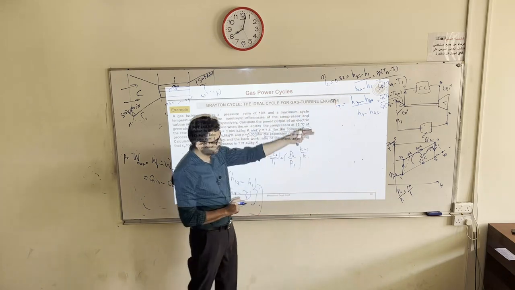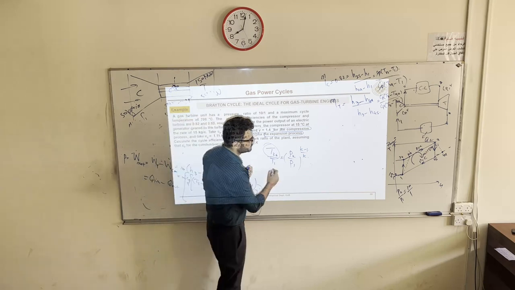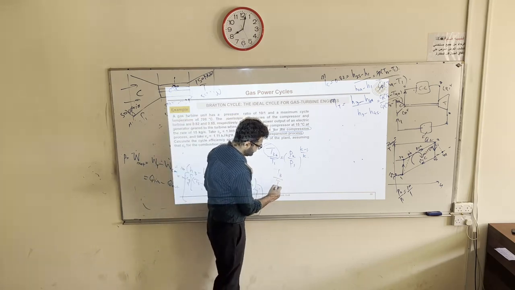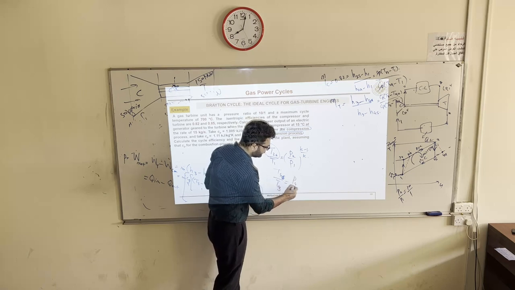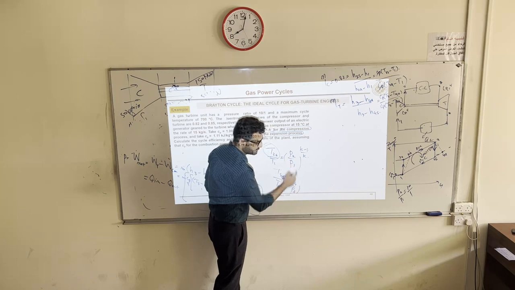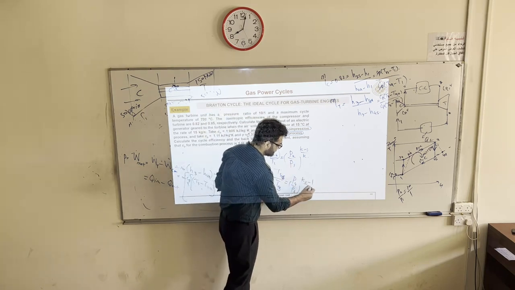Same you will do for isentropic expansion. I want to find out T4, so let's write it. T4S isentropic over T3 is equal to P4 over P3, which is the same as this one, to the power K2 minus 1 over K2.